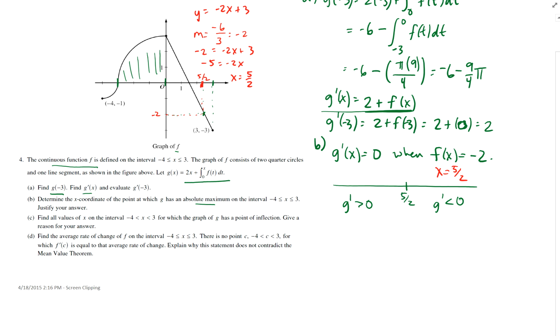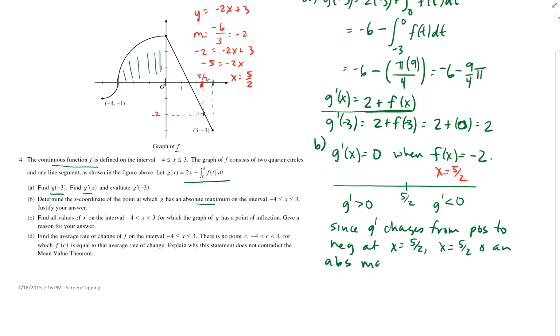So I can go ahead and make this argument, since g prime changes from positive to negative at x equals 5/2, x equals 5/2 is an absolute maximum.